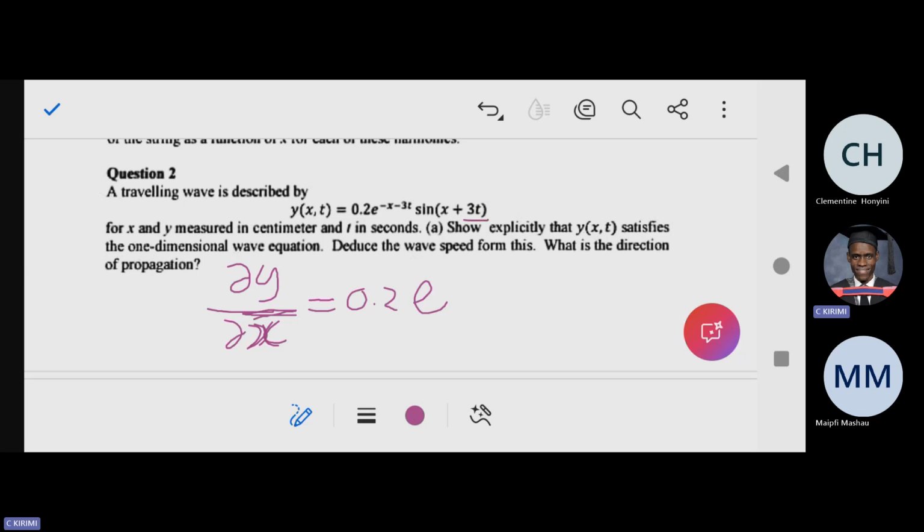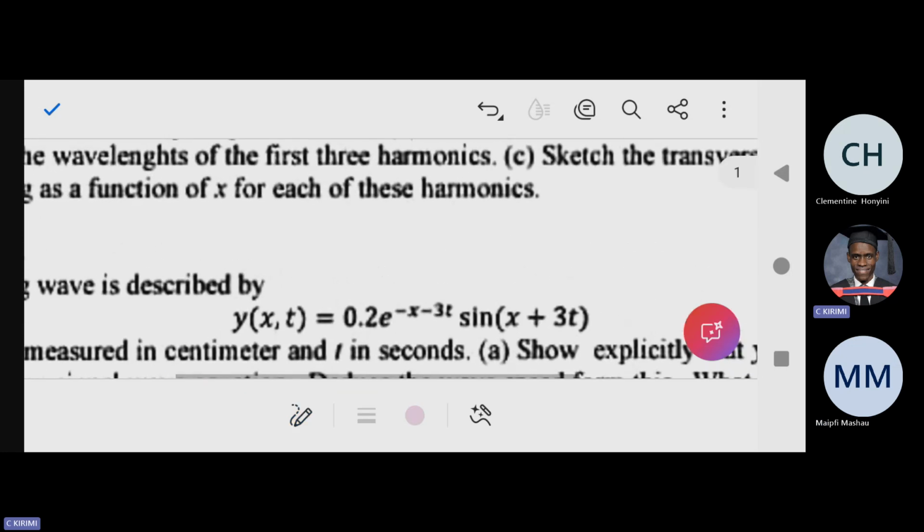The e to the power negative x, that x is going to change to 1 because we need to multiply with it. Yeah, correct. Let me make it easier so that you can see: this is the same as 0.2 e to the power minus x multiplied by e to the power minus 3t.